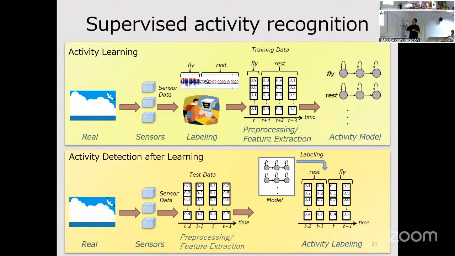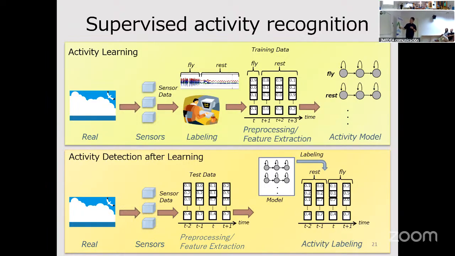And then after that, we implement the model on the device. This is the activity detection phase. The device extracts feature vectors in real time, and by using the model, it recognizes behaviors. For example, this segment corresponds to rest, or this segment corresponds to fly.